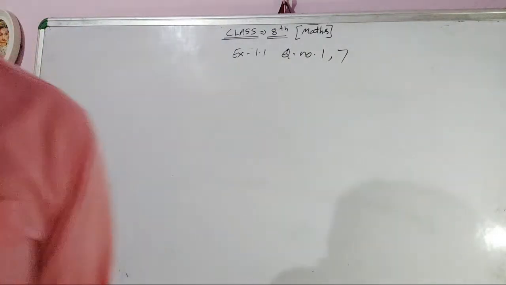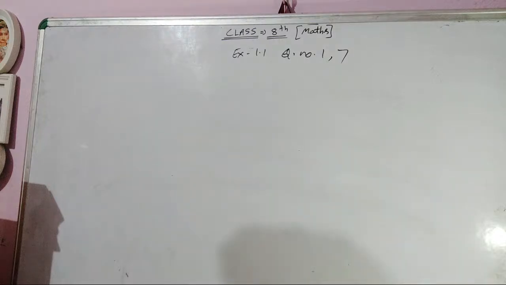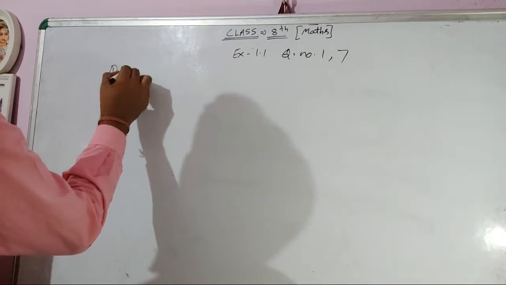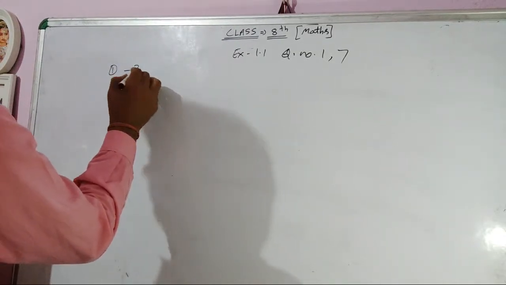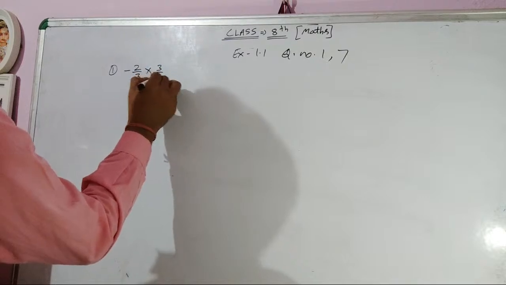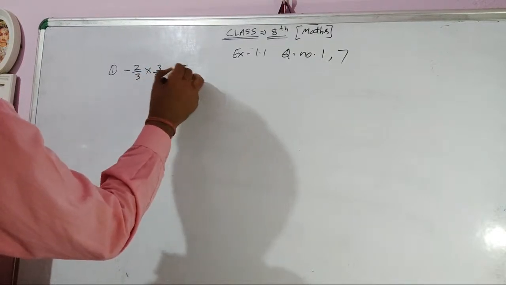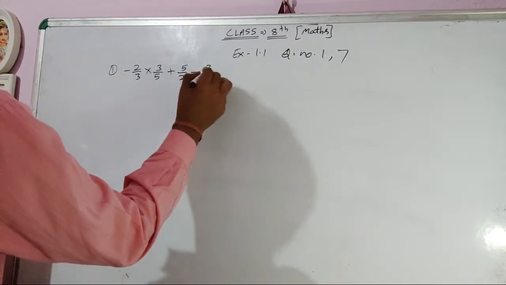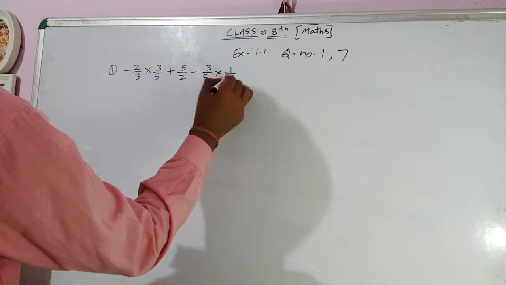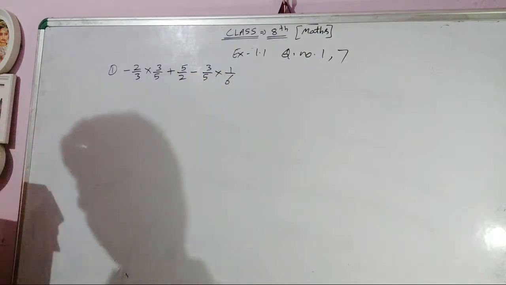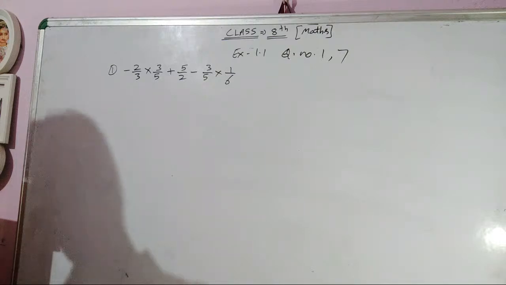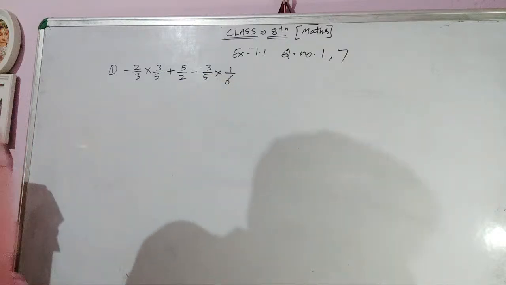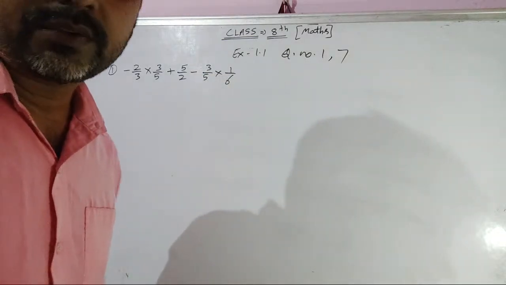The first one is, I'm going to write the first question. The first question is minus 2 upon 3 multiplied by 3 upon 5 plus 5 upon 2 minus 3 upon 5 multiplied by 1 upon 6, right? First of all, we have to solve this question using appropriate properties. With the help of properties, we have to solve this question.